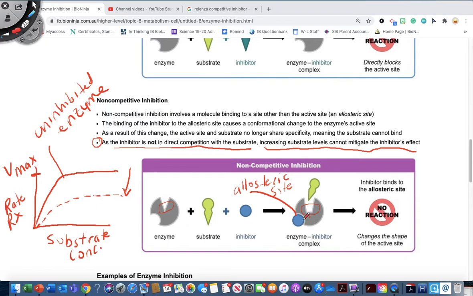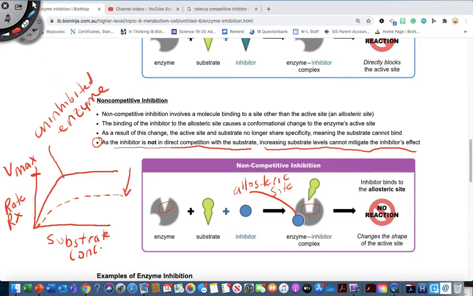Because the inhibitor, on the allosteric site, is actually affecting the active site of the enzyme. So I can keep adding as much substrate as I want, but it doesn't matter because all of the enzymes present in that reaction are going to have an altered active site. So then the reaction is not going to take place and the Vmax is going to be lowered. Okay?